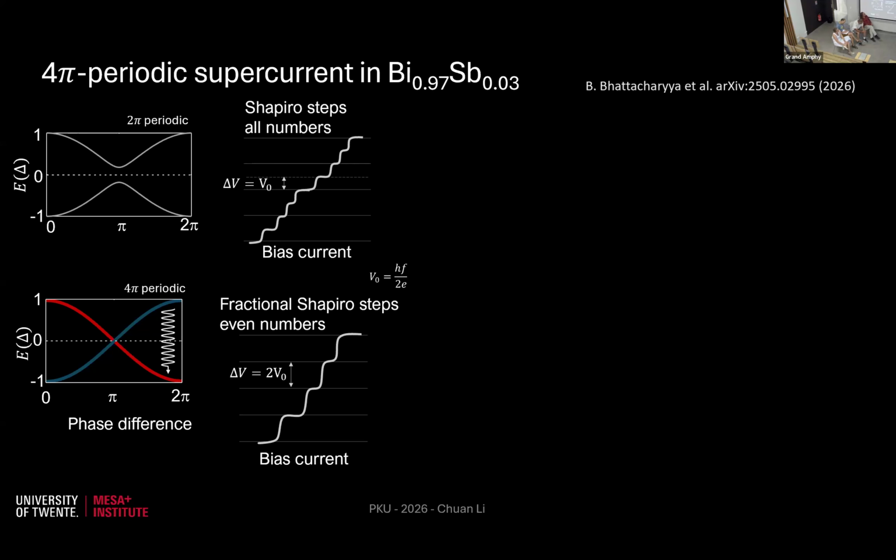Then after a couple of years, we started to realize there are some other side effects. You can have this fake state. Most prominently, recently the group published something themselves saying that if you have wrongly designed circuits, especially a large inductance, you can basically fake this 4 pi state in the system.